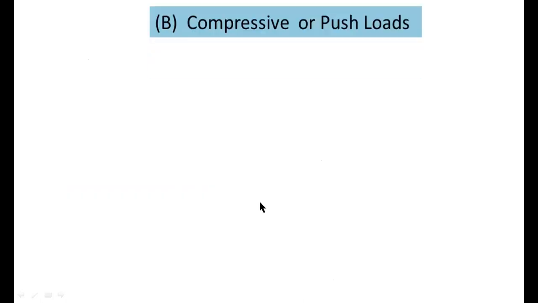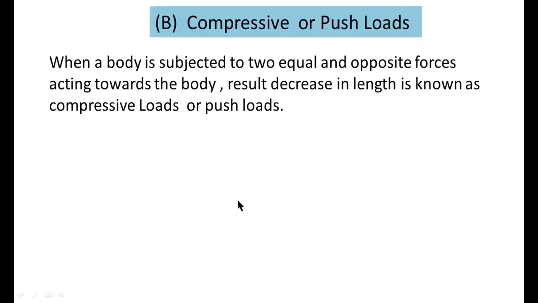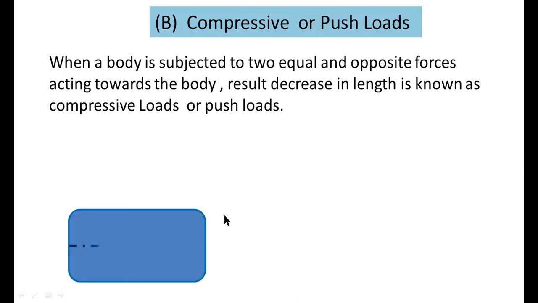Now compressive or push loads. When a body is subjected to equal and opposite forces acting towards the body, resulting in a decrease in length, they are known as compressive loads or push loads. Here, these are the two equal and opposite push or compressive loads.